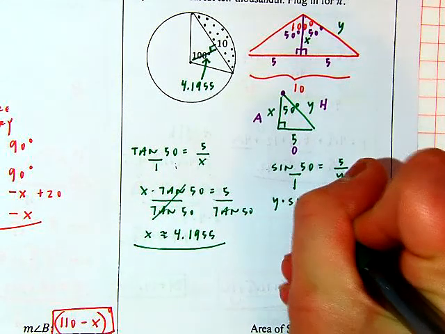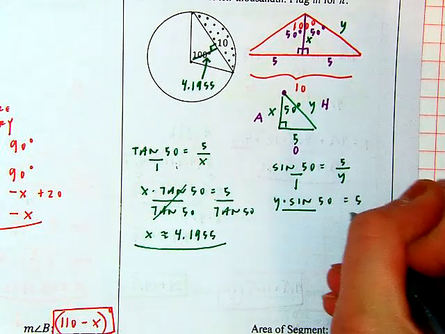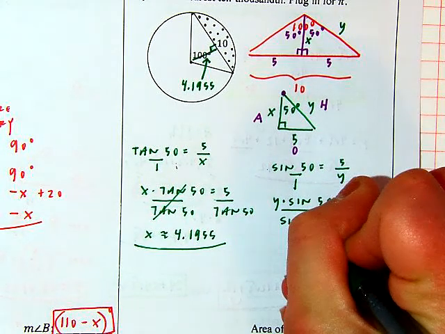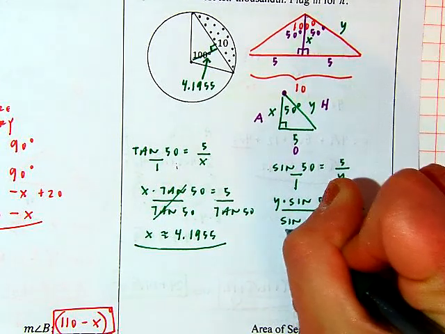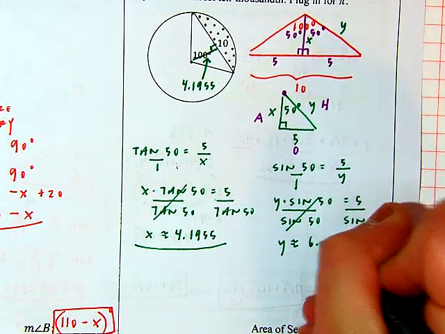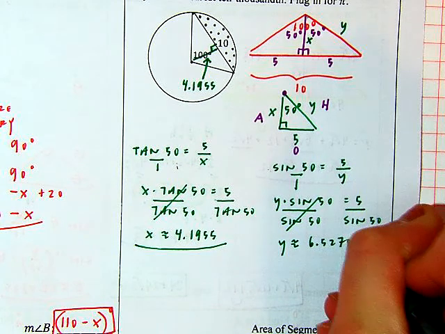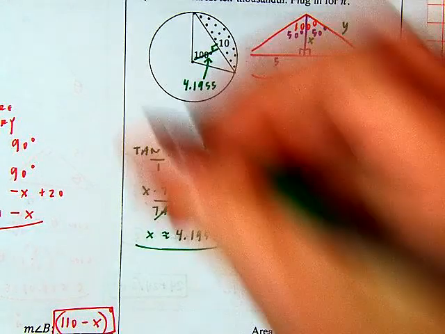So y times sine 50 equals 5. Divide each side by sine 50. So y is about 6.5270. I'm just writing the 0 so you can see it as a placeholder for that fourth position. Okay, that's my radius.